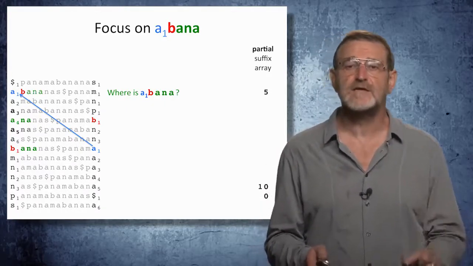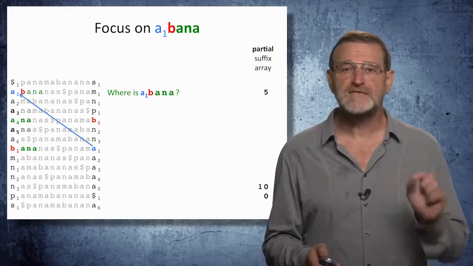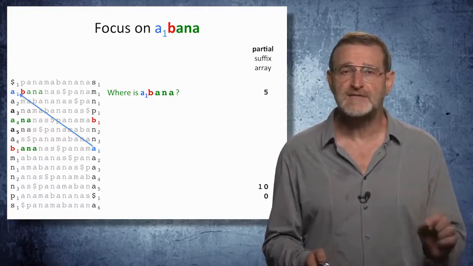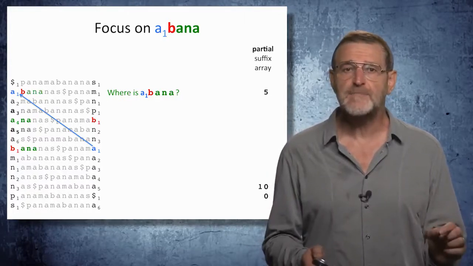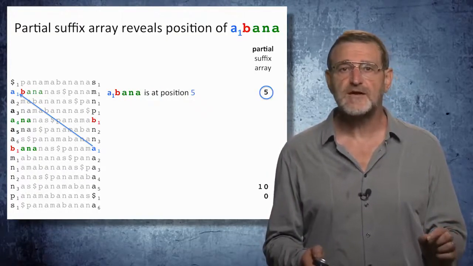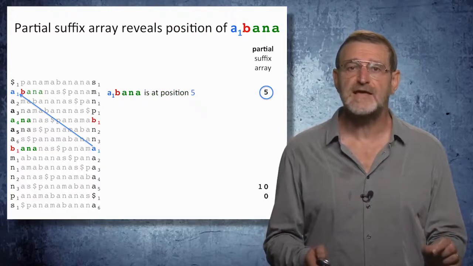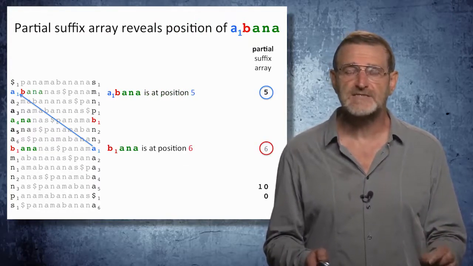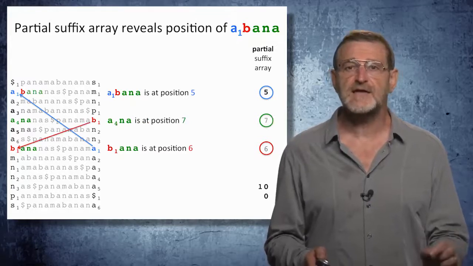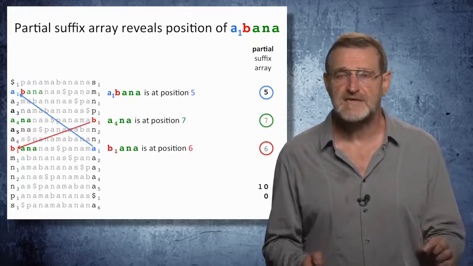It is 5. So we know where A1, B, A, and A appears. Now the only thing left is to figure out where A and A appears. It's easy to do because if A, B, and A appears at position 5, then B1, A, and A appears at position 6, and A and A appears at position 7.